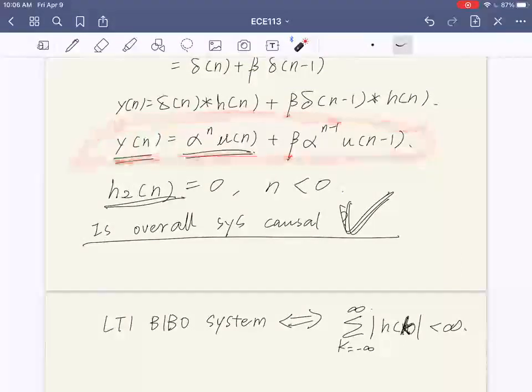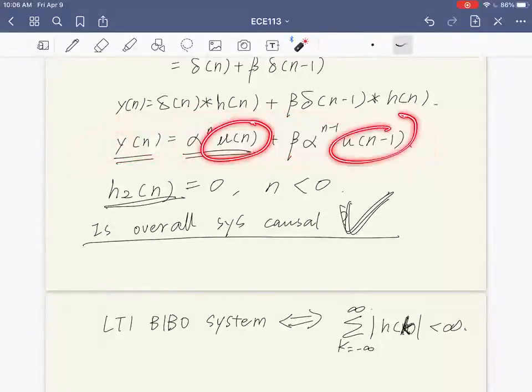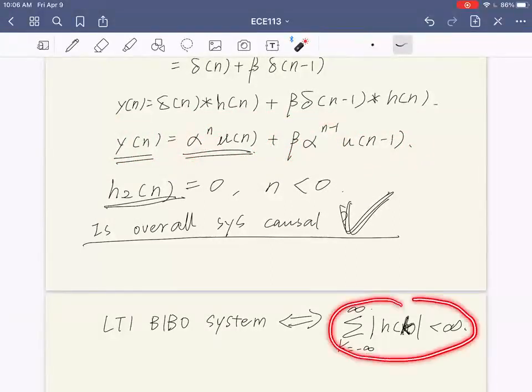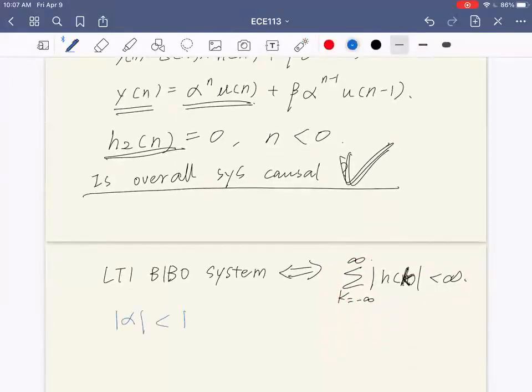We notice that the step function just activates the negative part, and the alpha here remains unknown, right? So in order to make the sum of the absolute value of the response summable, which means finite, we need to have our alpha smaller than 1.